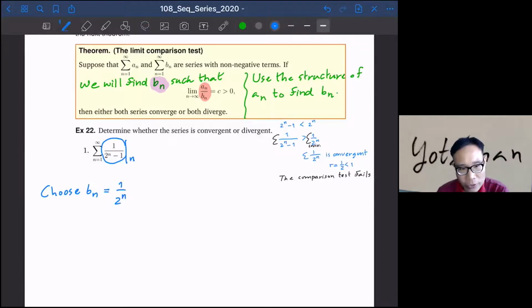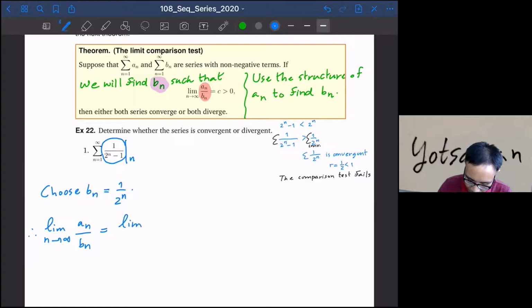Why did I choose this one? Because when you compute the limit as n goes to infinity of An over Bn, you'll be able to do it.